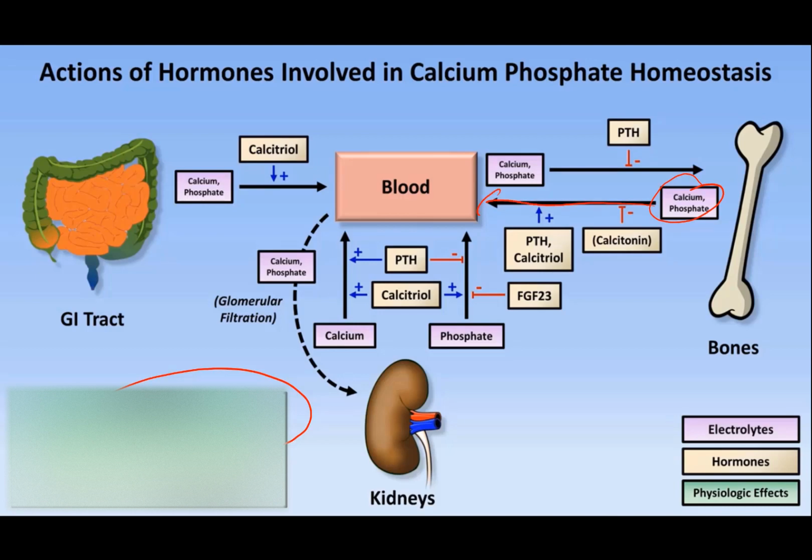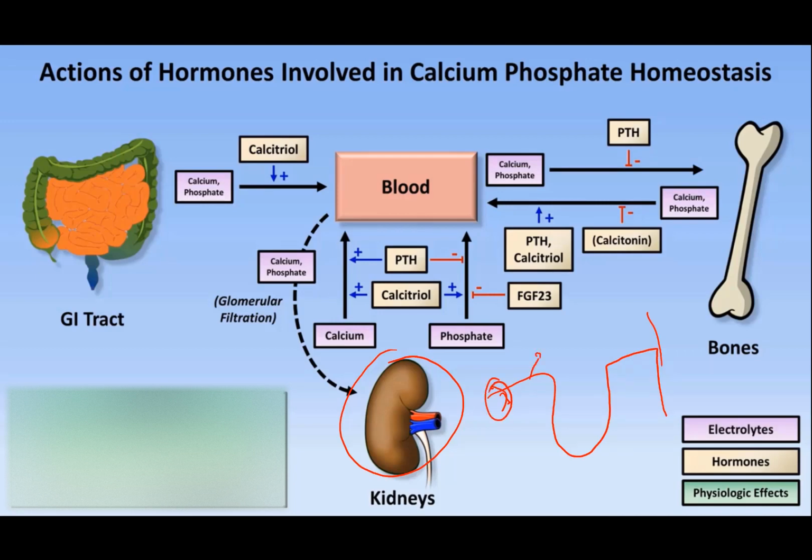The second place where it acts is the kidney. In the kidney, it acts on two places: the proximal convoluted tubule and the distal convoluted tubule. The proximal convoluted tubule is where phosphate is absorbed, and the distal convoluted tubule is where calcium is absorbed.